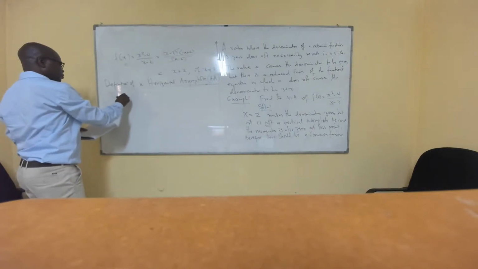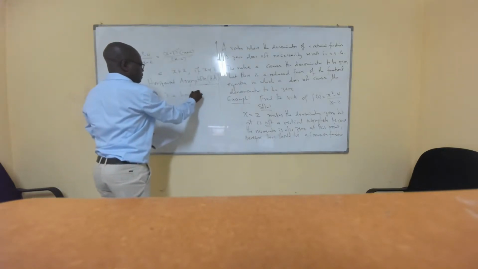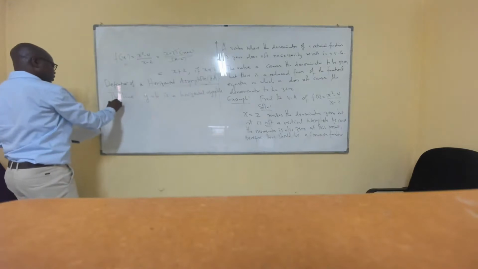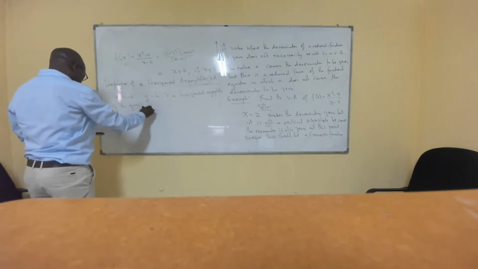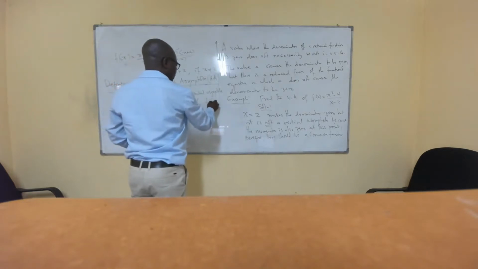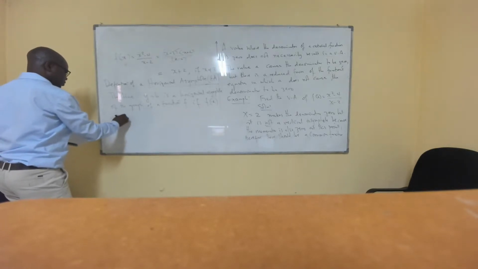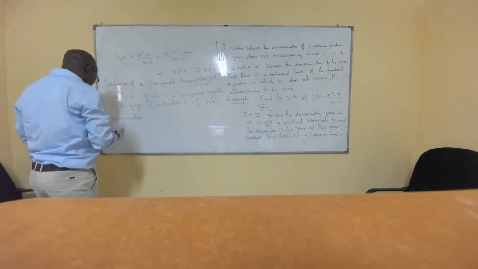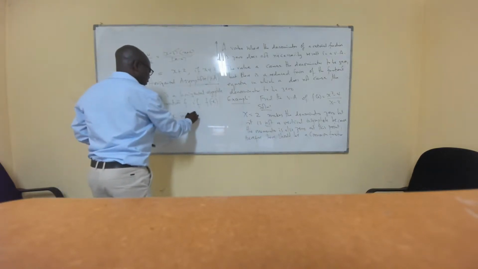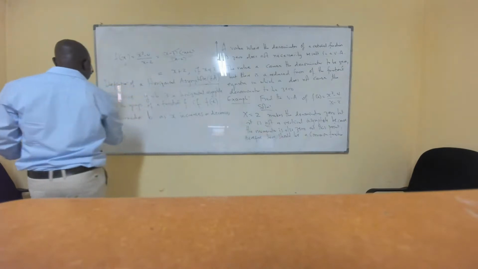The line y equals b is a horizontal asymptote of the graph of a function f if the function values approach b as x increases or decreases without bound.